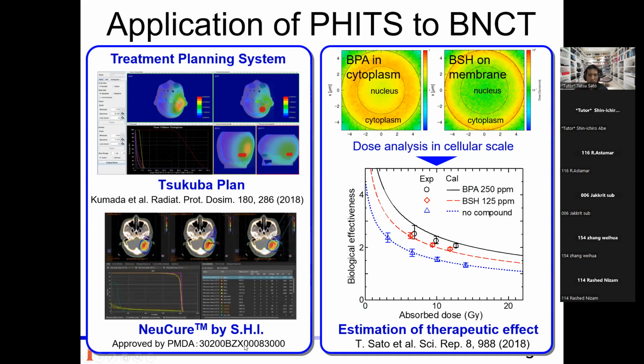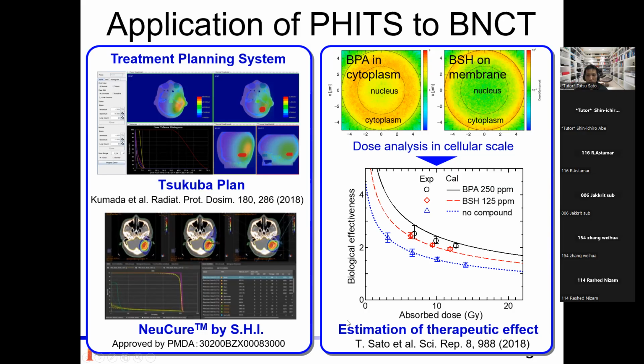The other application of FITS to BNCT is microdosimetric research. If a boron compound is taken into a cell or just attached to the cell membrane, the effect should be different. That's why BPA is known to have a higher relative biological effectiveness compared to BSH, which can attach only at the cell membrane.